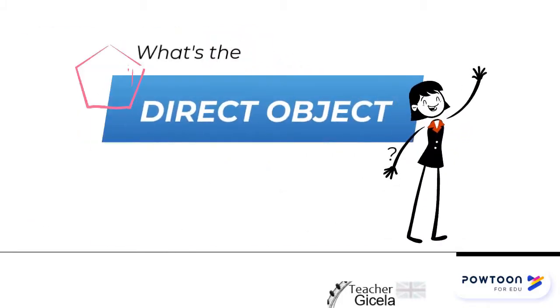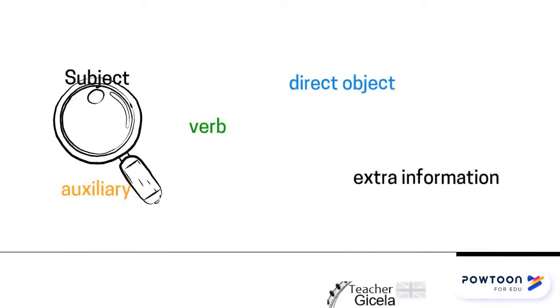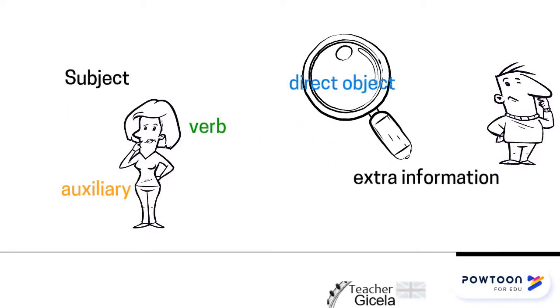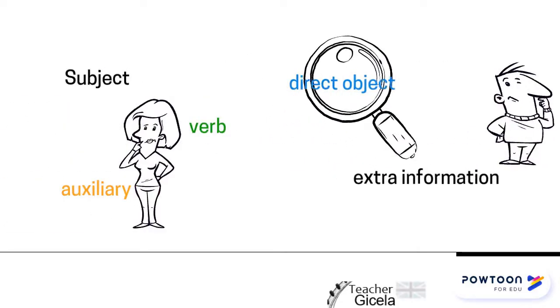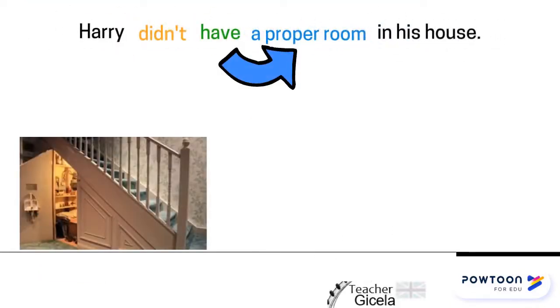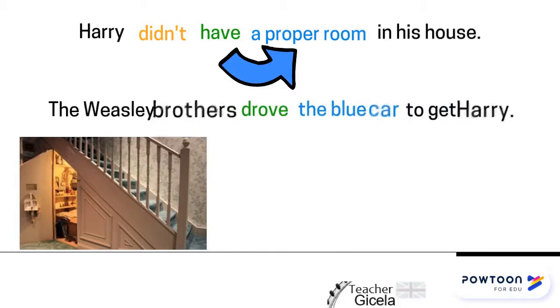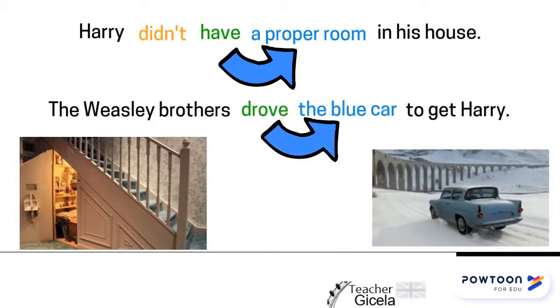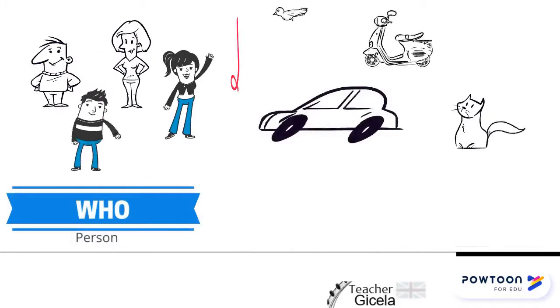You must have a little clue now that you've seen what I put in the blue. But no worries if you don't. That's what this video is for, to explain. Sometimes in a sentence, we have a person or a thing which receives the action. In the first sentence, the room receives the having, and in the second sentence, the blue car is the one being driven. It has to be a who or a what.